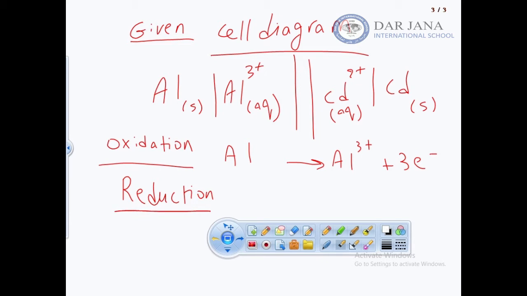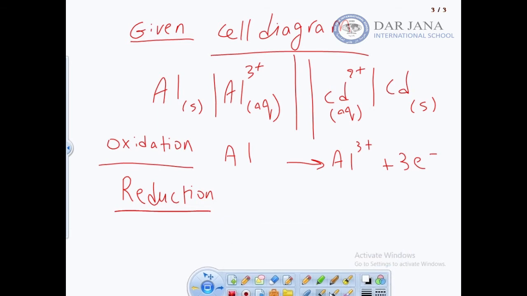And who is at the cathode? Cd at the cathode. So it will always start with the ions and end with the solid. So Cd2+, 2 electrons to balance it, since it is 2+, to give Cd solid.